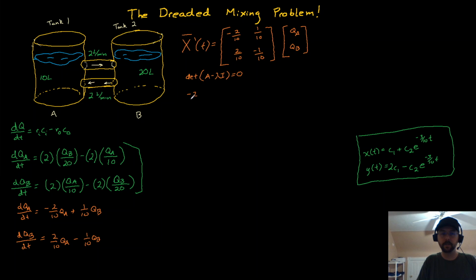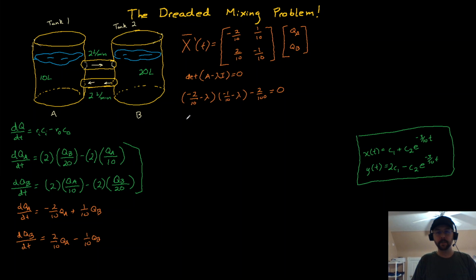Negative 2 over 10 minus lambda times negative 1 over 10 minus lambda, minus 2 over 100, and we set it equal to 0. Now what we do is we solve this for our lambdas, and our lambdas are our eigenvalues. And in our final result, the lambdas go in the same spot here that the r's went in.